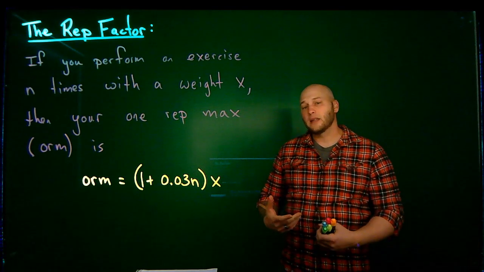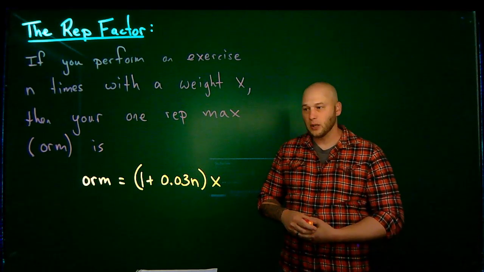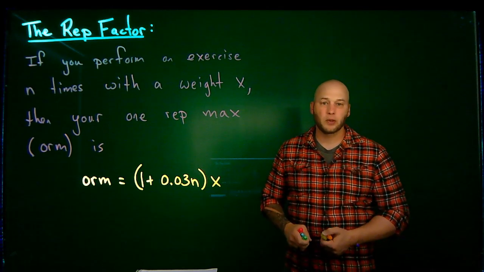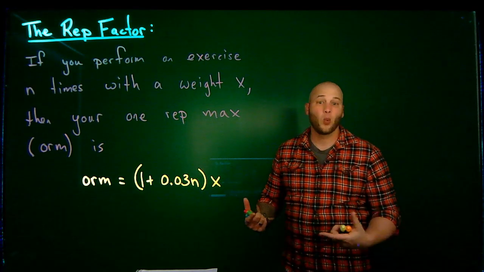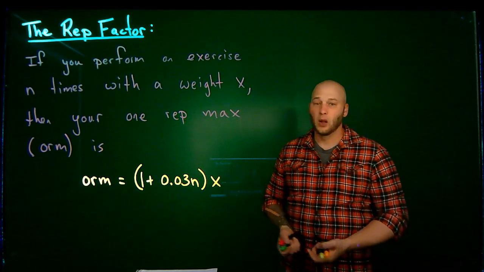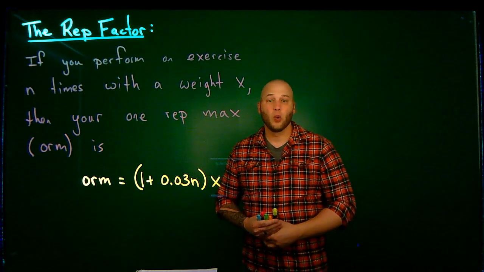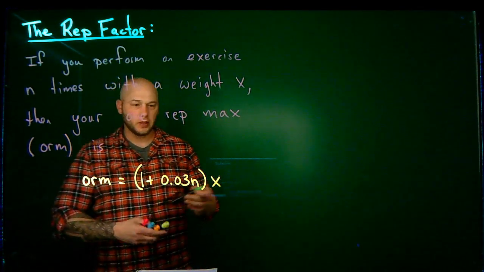The idea is that 3% is a pretty good approximation, and it will serve the purpose for the current video and for any application that you're going to do while you're in the weight room. It does help get a pretty good, accurate estimate for what your 1 rep maximum would be. So let's take a look at a handful of examples to see how this works.